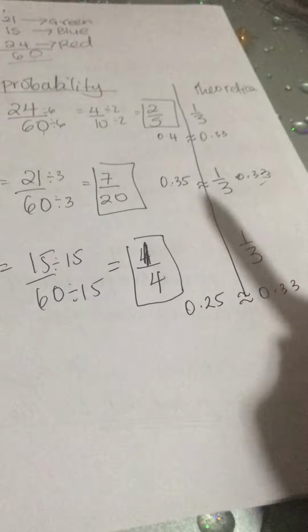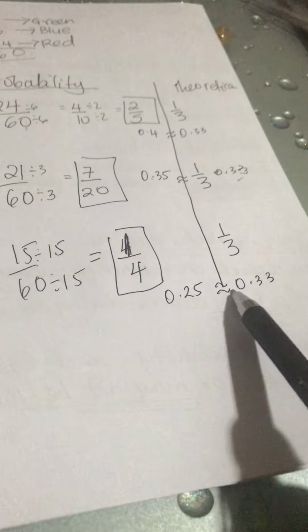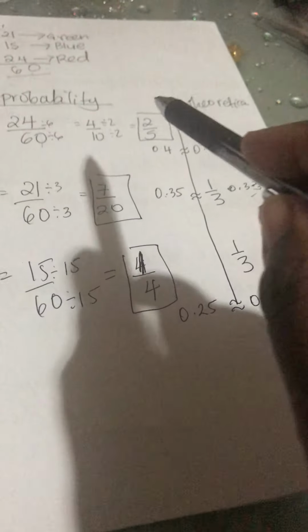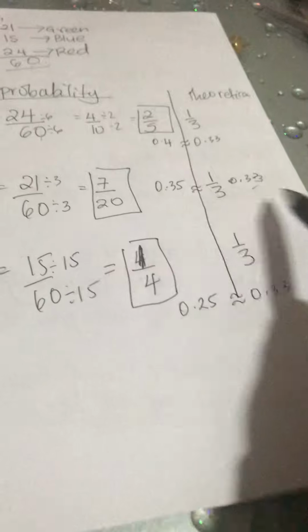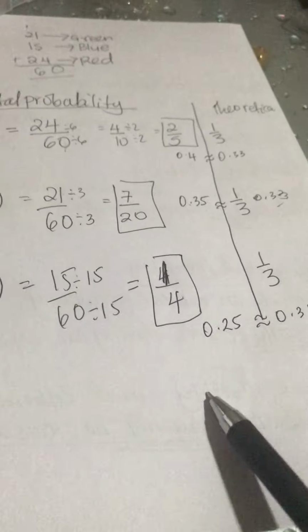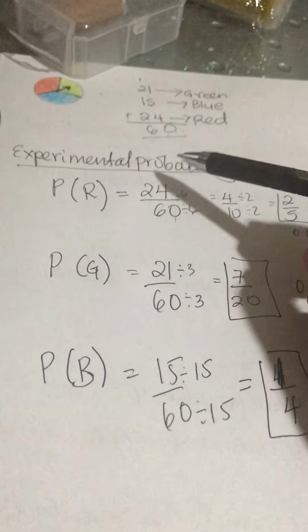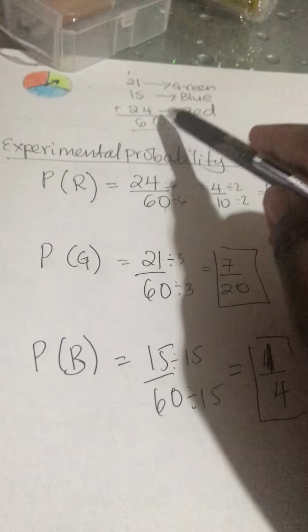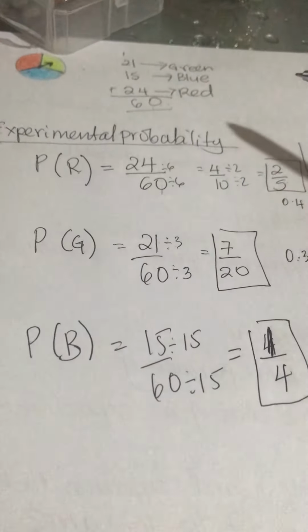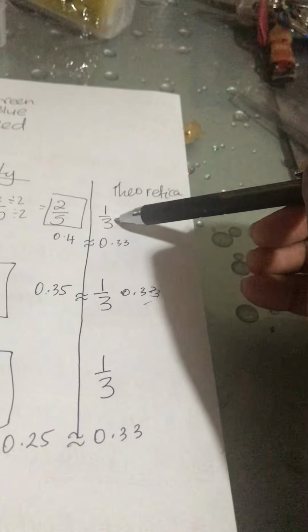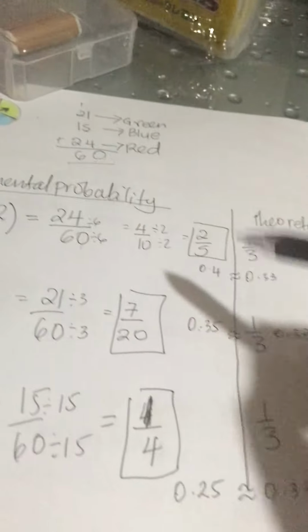The less you get, the less you are from the theoretical value. So sometimes they can be the same, closer, or less than each other. Okay? So that's how you do experimental. On the experimental, the denominator is how many times you did the experiment. In the theoretical, it is how many parts you have.